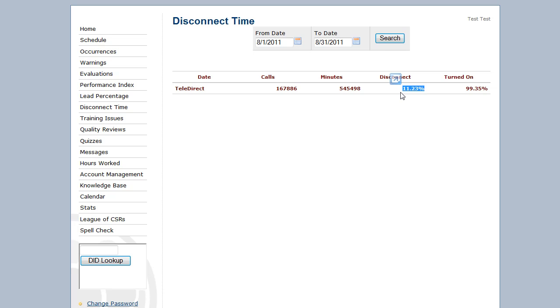A certain amount of disconnect time is necessary, as you will get no call or dead air calls, and because it is important that you spell check your work and proofread it to ensure proper spelling and grammar before you send it to the client. With that said, we need to monitor the number to make sure you're not spending an excessive amount of time disconnected on an account. You should begin working to limit your disconnect time as soon as possible.